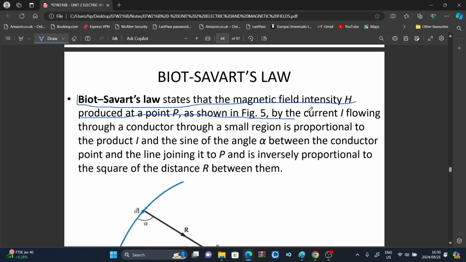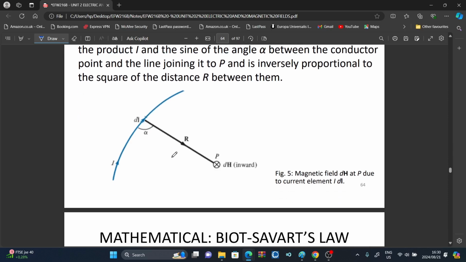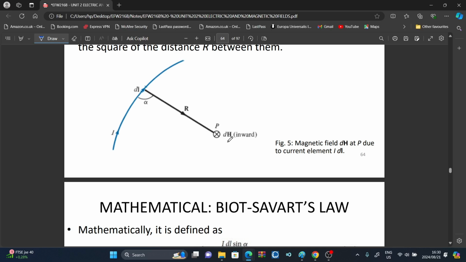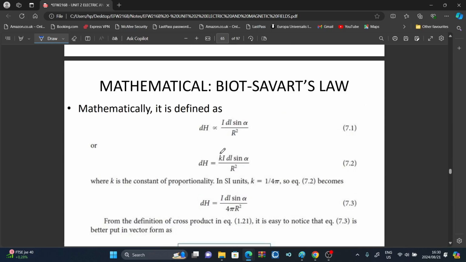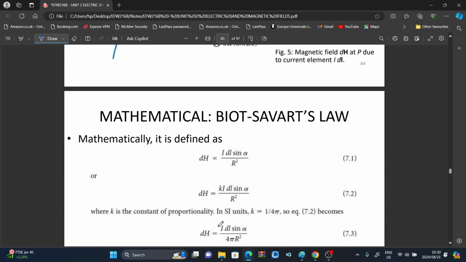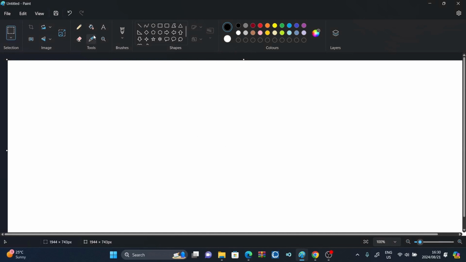In the simplest terms, we want to calculate our magnetic field strength, H, when a current is flowing through a conductor. So how do we calculate this? As you can see, they give you an example, but let's go here. Let's say you are given a conductor, something like this.